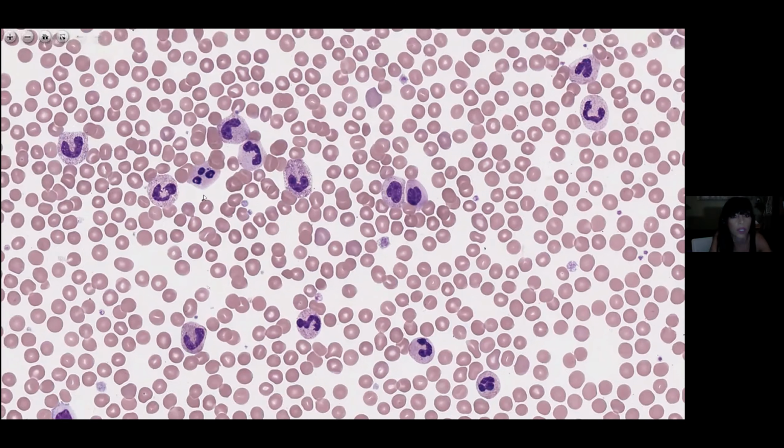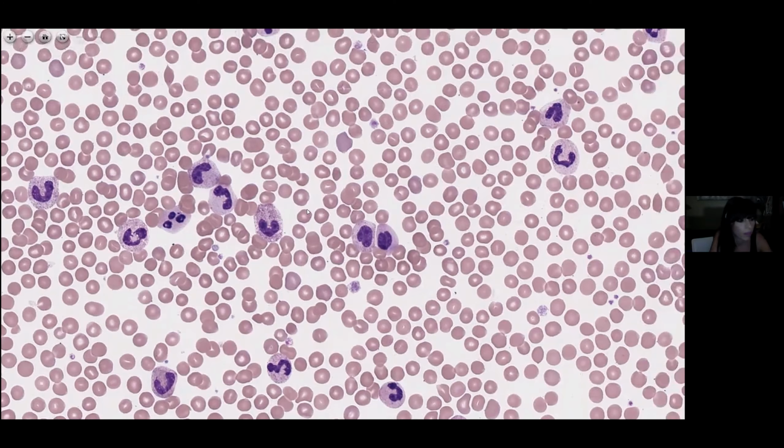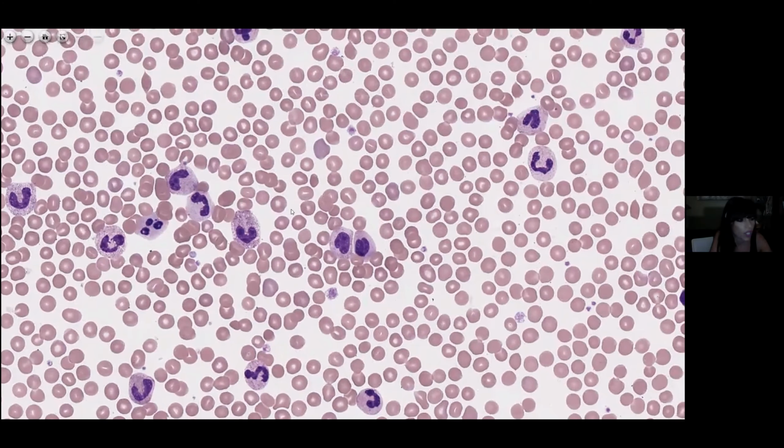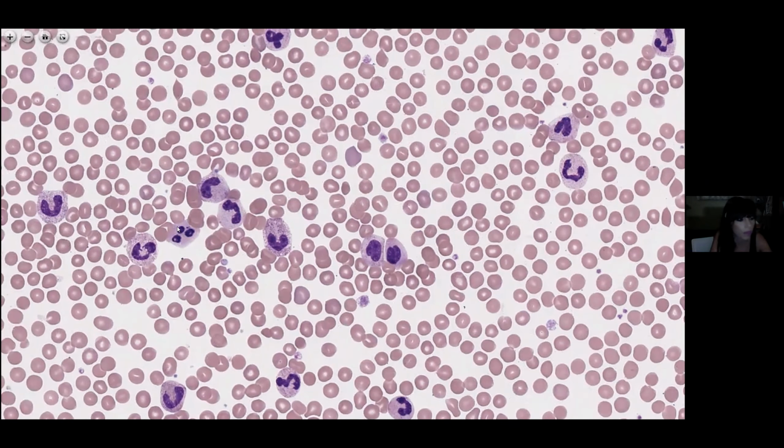I saw several of those for the neutrophils here. They just start to kind of round up. They're spherical. They almost have a shiny kind of look to them.